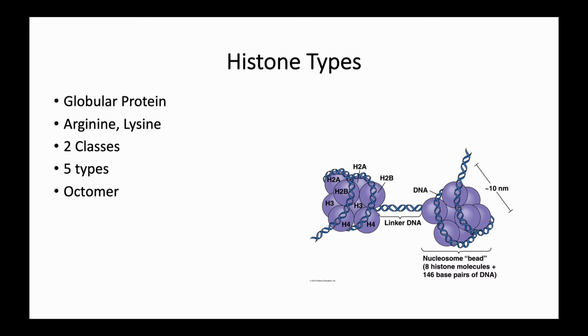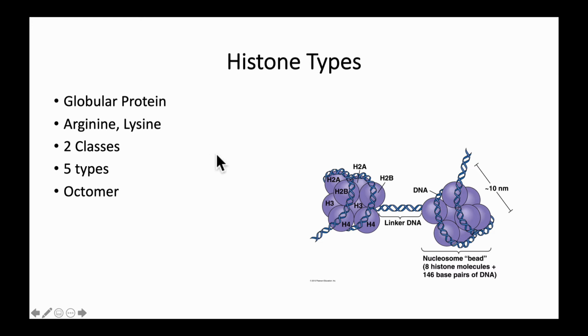We have 2 major classes of histone proteins: core histones, which are what these are, and linker histones. Core and linker histones. There are 5 main types of them. Of the first group, the core histone proteins, there are 4 of them.